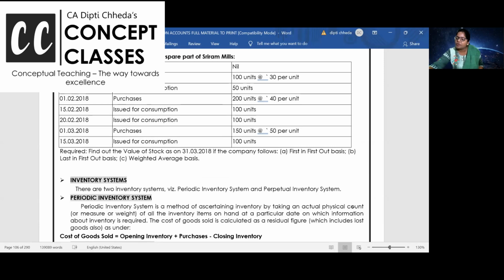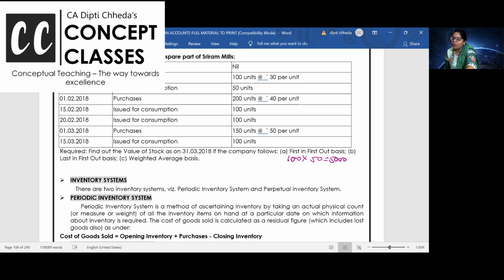So you can take down the answer with the FIFO method. Your closing stock. How many units is there finally? 100 units. Write down please. At the rate of 50, it is coming 5,000 with the FIFO.